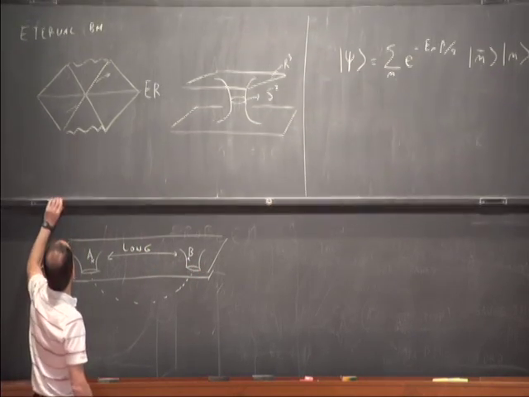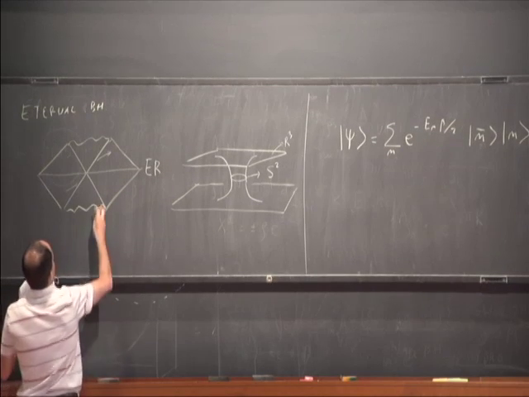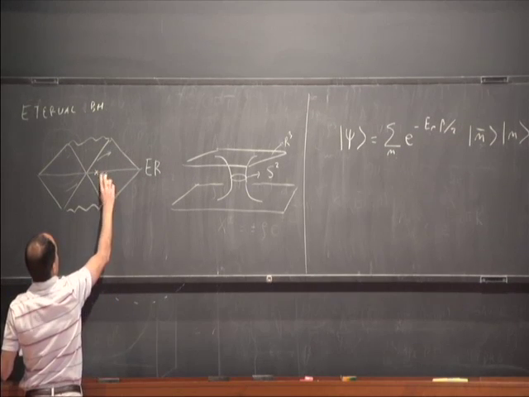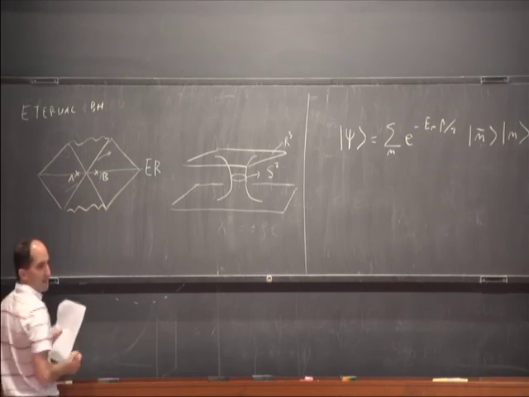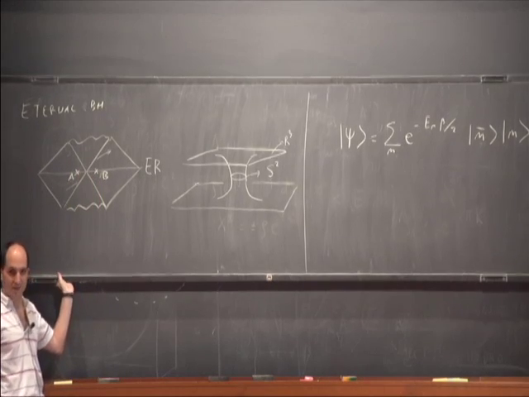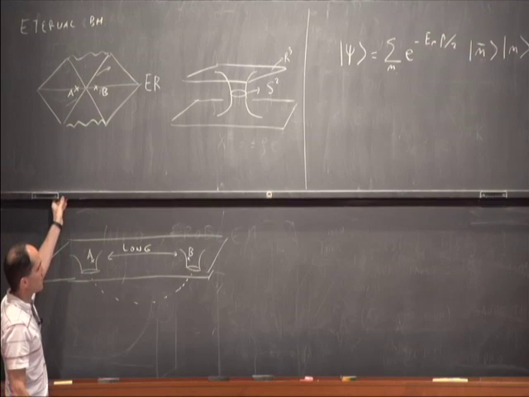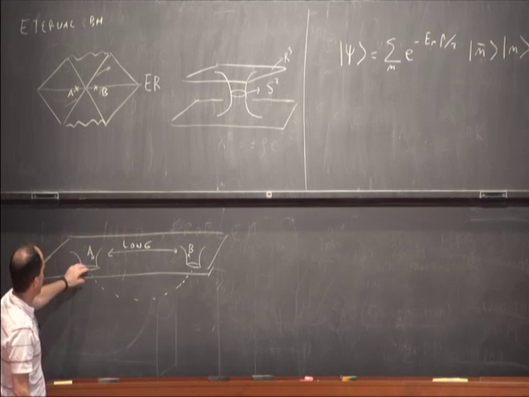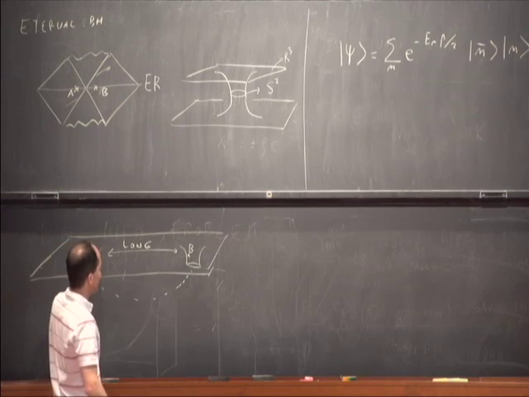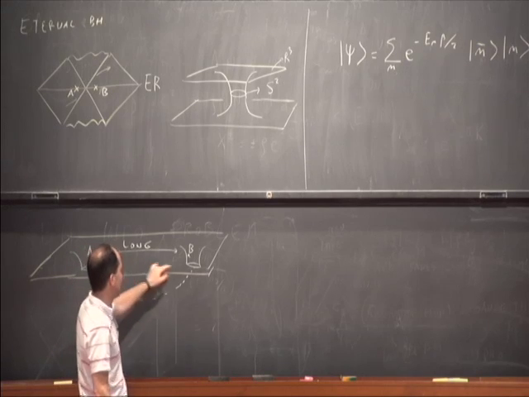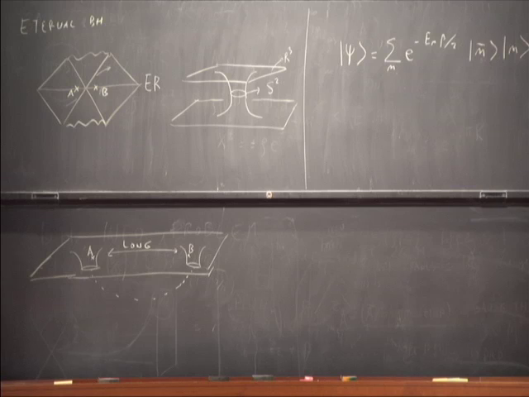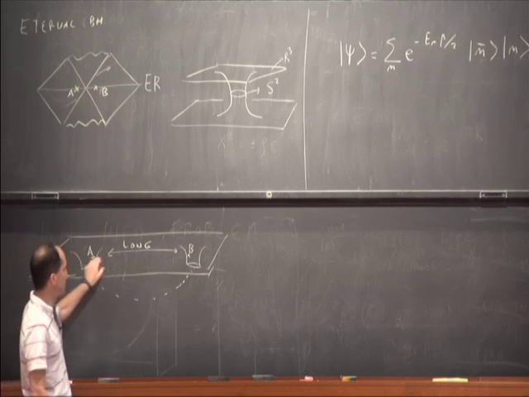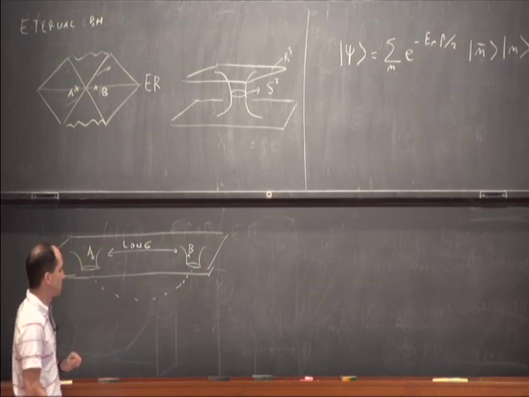So we have some guy B here, and someone A here, and they are separated by a short distance in this spacetime. One of these guys could be a black hole here nearby, and the other one could be a black hole, let's say, in the Andromeda galaxy far away. But if you are just outside this black hole, you will be separated by a small spatial distance from B.